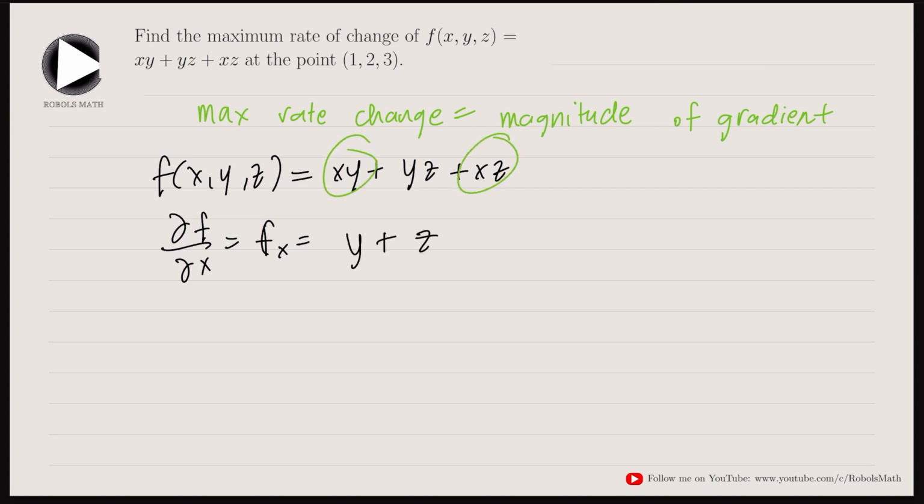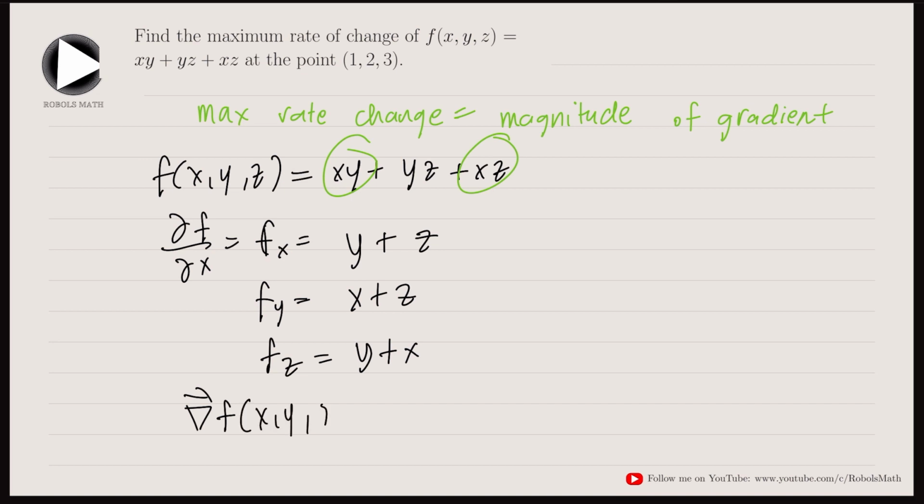Again, these are the only terms with x, so we treat the other variables as constants and then differentiate. Similarly, we get f_y equals x plus z, and f_z is equal to y plus x. Therefore, our gradient of f is equal to (y plus z, x plus z, y plus x).